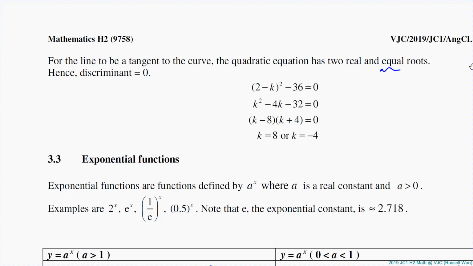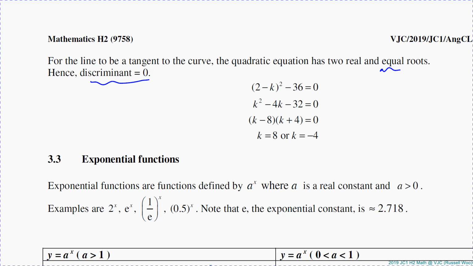For it to have real and equal roots, the discriminant must be equal to 0. Familiar? So I'll move fast. It's all written for you. Therefore your k must be 8 or minus 4.